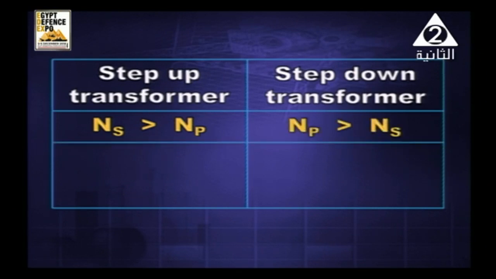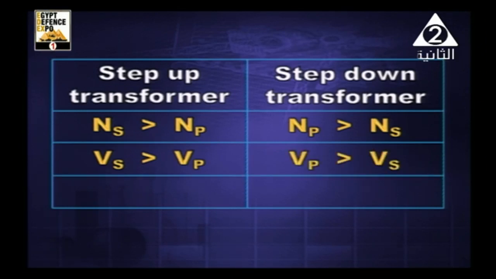But it is the opposite in a step-down transformer: Np will be greater than Ns. And we've got a direct proportion between voltage and turns. So we expect that Vs will be greater than Vp in a step-up transformer, but Vp will be greater than Vs in a step-down transformer.